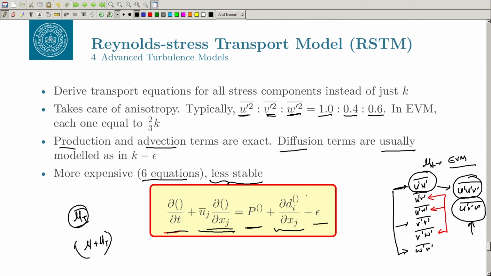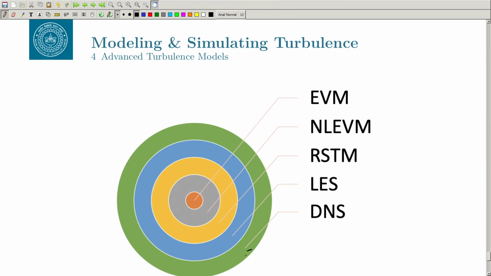Of course, the DNS is the most expensive approach. After that there is LES, and now these three that you see, 1, 2, 3, these are basically your turbulence model, these are the RANS approaches. So, the most expensive here is the Reynolds stress transport model, because you are solving 6 equations.